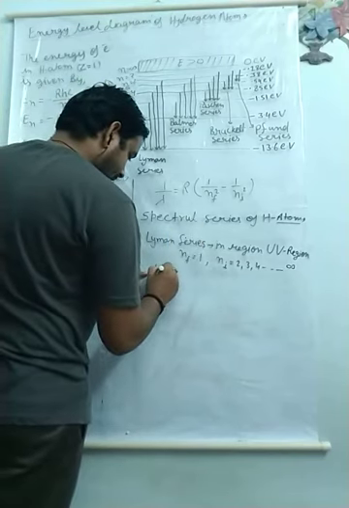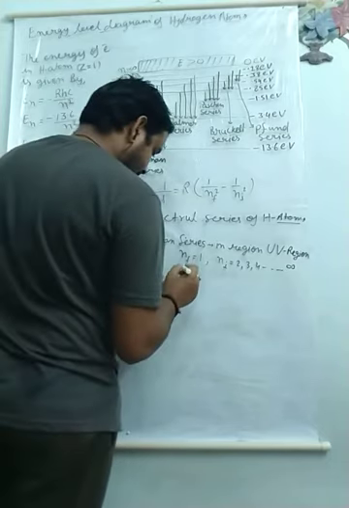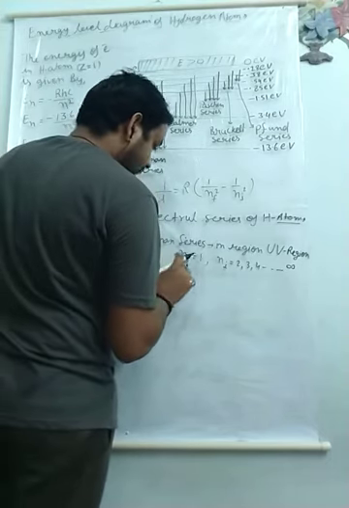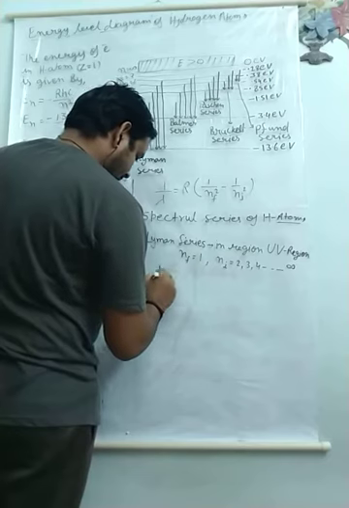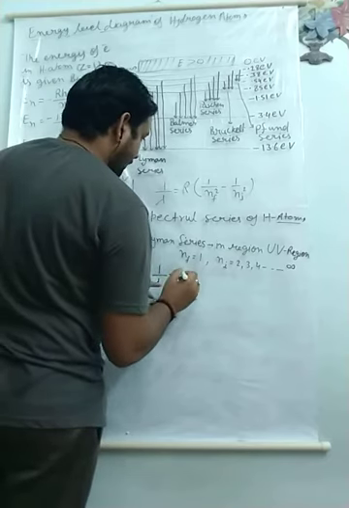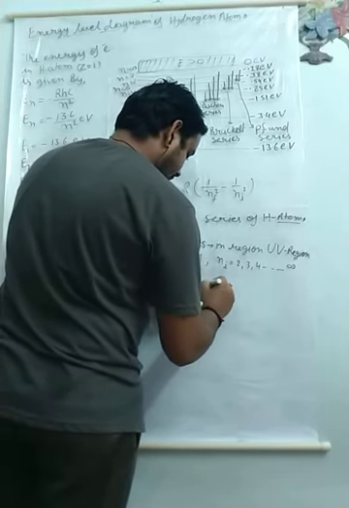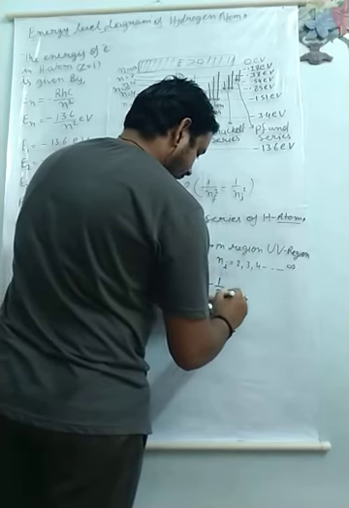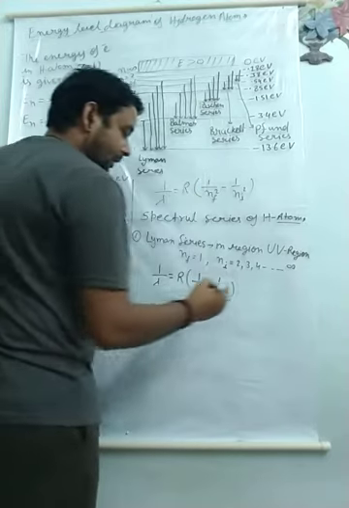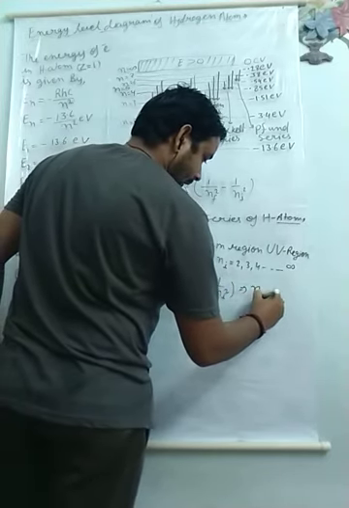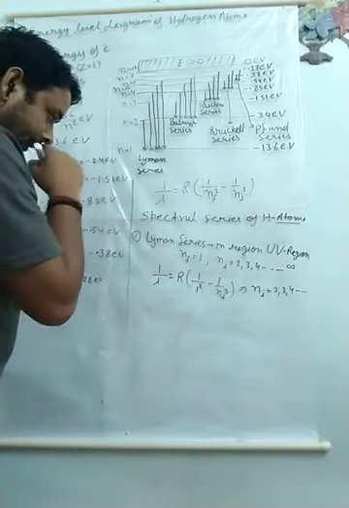The wavelength is given by lambda, equal to R times 1 upon 1 square minus 1 upon Ni square, where Ni is 2, 3, 4 and so on to infinity.